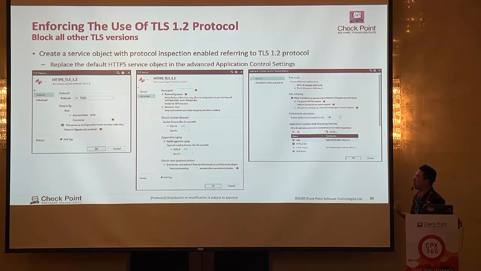Basically, you can clone our default HTTPS inspection HTTPS object, create a new one, and change the configuration like this. Although the screen is very blurry, if you want to know, I can send you the details. This way we allow only TLS 1.2. We can also allow TLS 1.0, 1.1, or 1.2 by creating a new service object, HTTPS, and then putting it in the firewall policy.